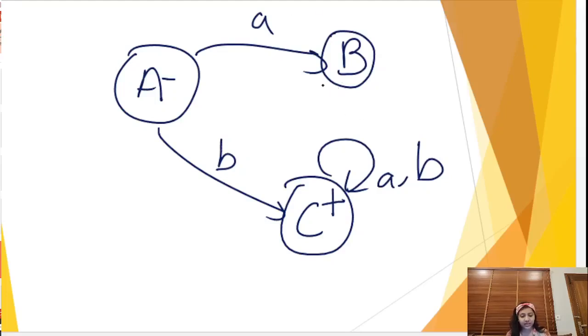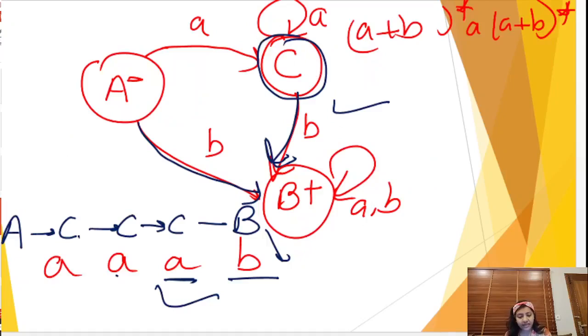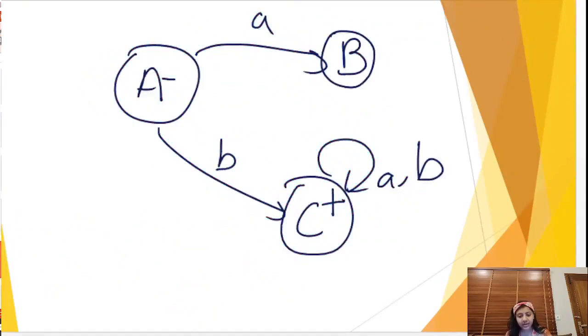In the previous example, what we did was create a self loop on this state, and we had to create a transition of symbol B from C to B. Right? So this much remains the same, that on receiving symbol B, you make a move to state C.